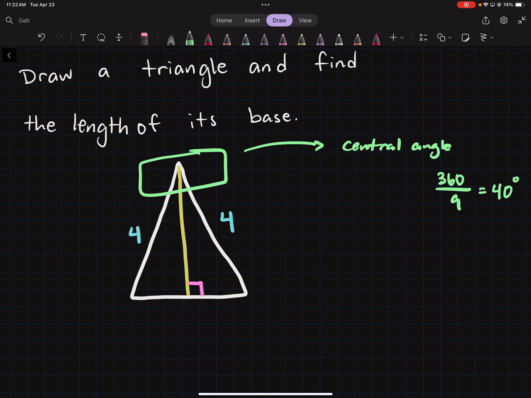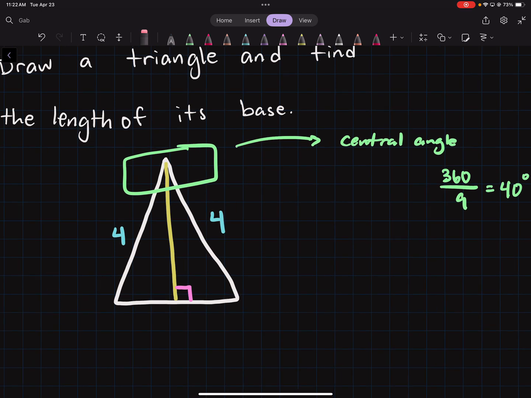This big angle right here, 40, right? That's the central angle, yes? We drop the perpendicular bisector, it gets split into 20. Okay, each one is 20. So this one's 20. And the other one is 70. Good. You can add.